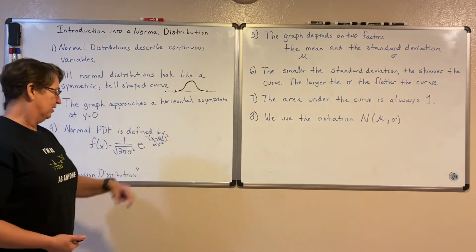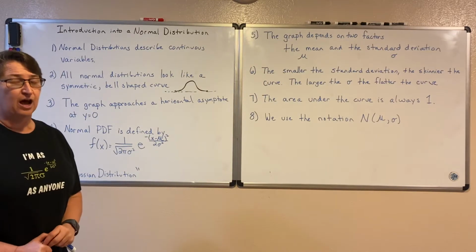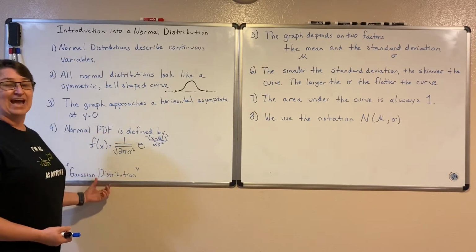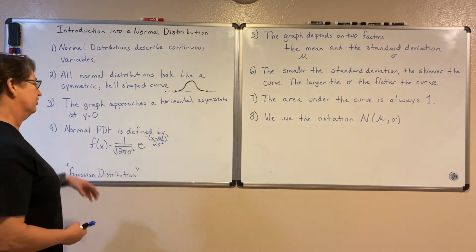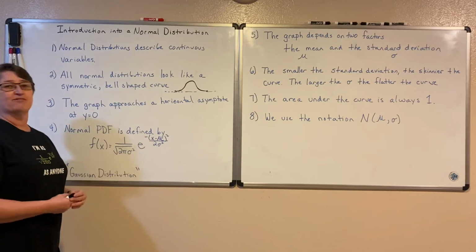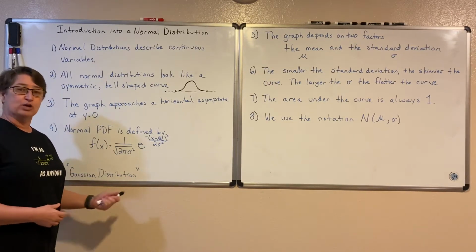So it's a pretty complicated function. This is also known as the Gaussian distribution. We call it the normal curve or the Gaussian distribution, and it is a complicated formula.